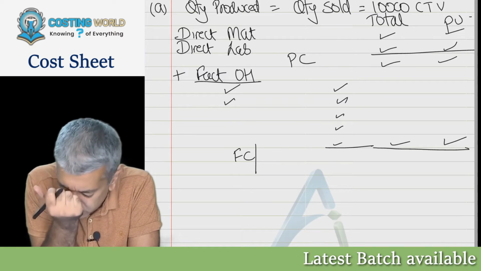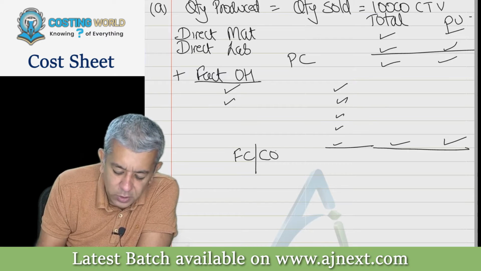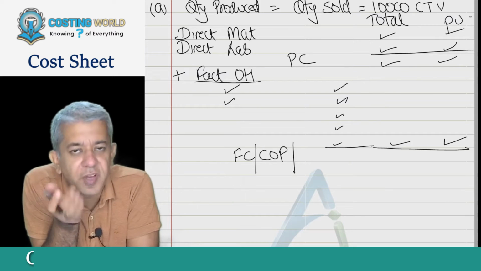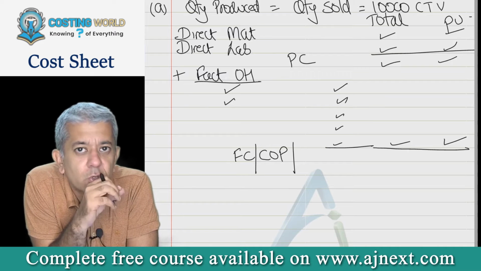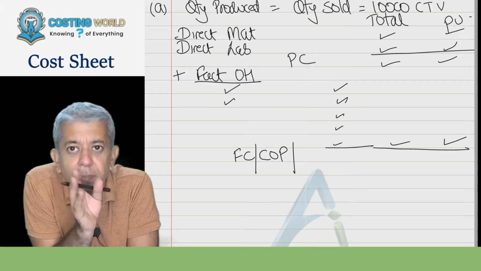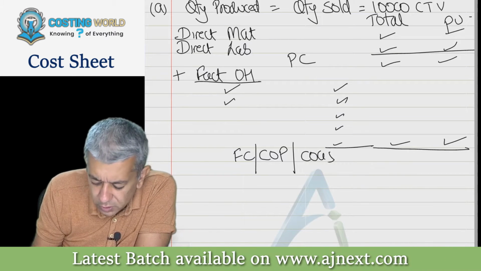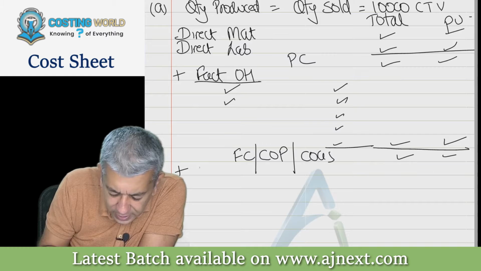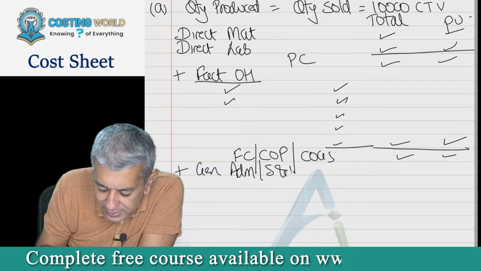It's not even there. So forget that. After that, what you get is your COP. So factory cost will represent your COP also. But in this question, there is no finished goods stock also. So tell me, this factory cost will represent COP, but will also now represent COGS.